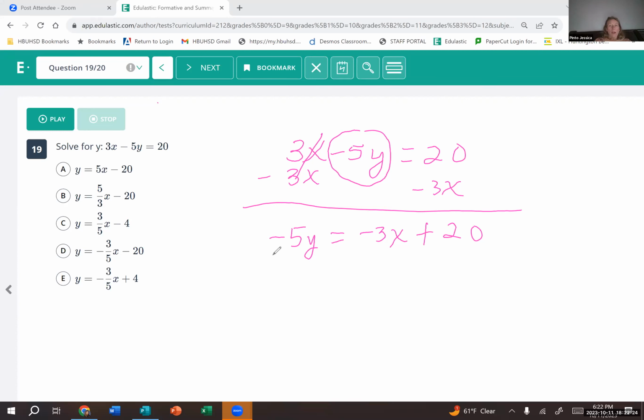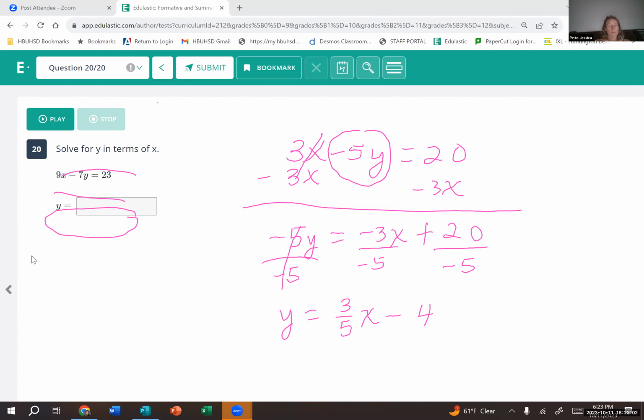And now we need to divide by negative 5. I'll do that here and here. And so that's going to give me y equals, let's simplify this. A negative divided by a negative is a positive. So we're just going to write 3/5 x. And then a positive divided by a negative, that's going to be negative. And the answer to this is 4. So it's not A, it's not B. Here it is. It's C. Loving it. All right, last one.